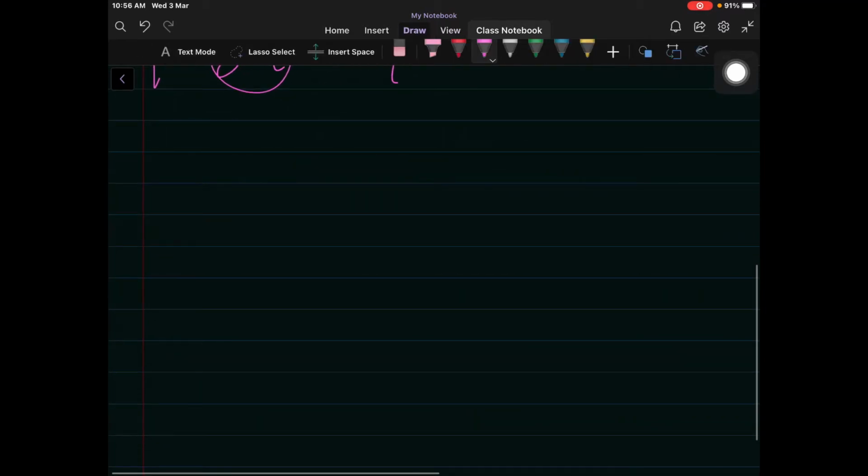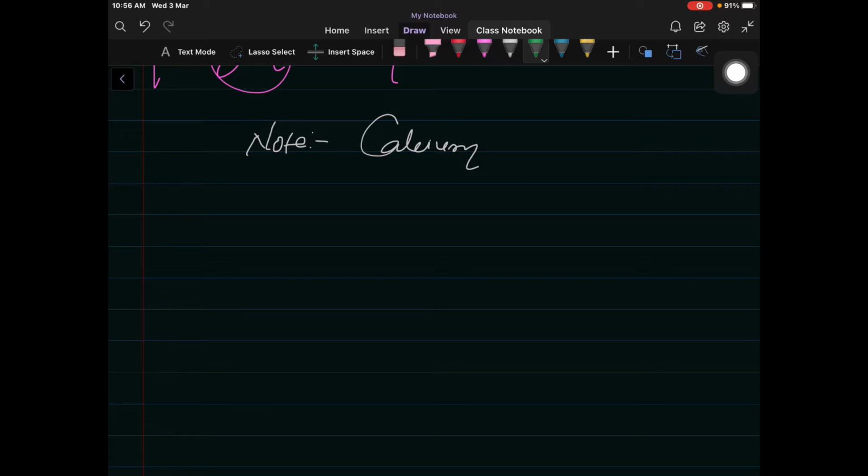Note the important point for calcium. The gross color of calcium is chalky white. When it is stained with hematoxylin and eosin, it gives a blue appearance.